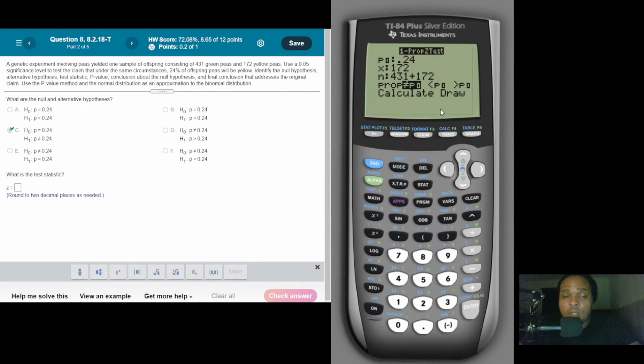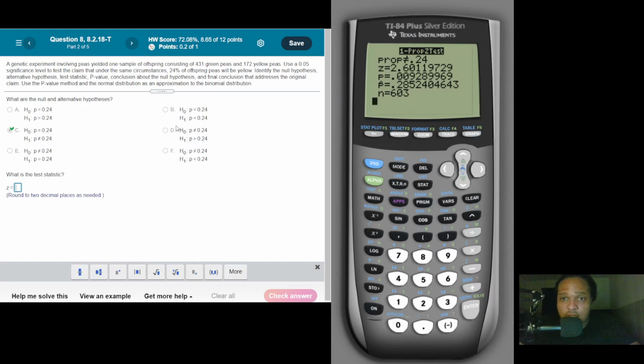Be careful. You have two different colors of peas in this case. So you need the total number of peas. You add them together to get 603. Very important. Don't let them trick you. All right. So we're going to choose the does not equal to symbol, hit calculate, and there go our statistics.